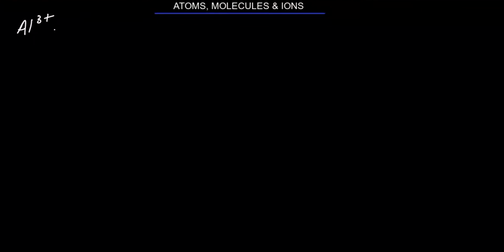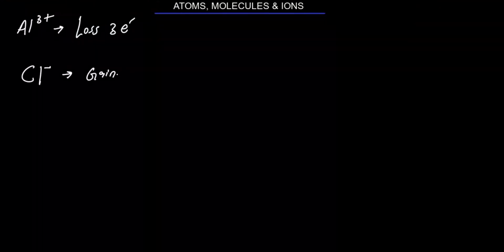This shows that aluminium has lost 3 electrons. While if I have something like Cl-, if you see negative, it means gain. It has gained 1 electron.